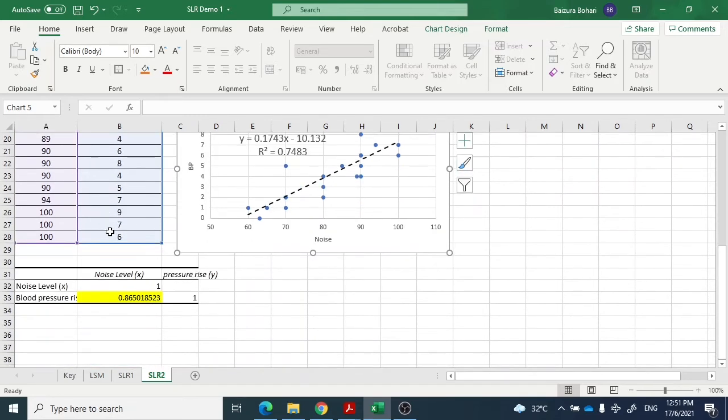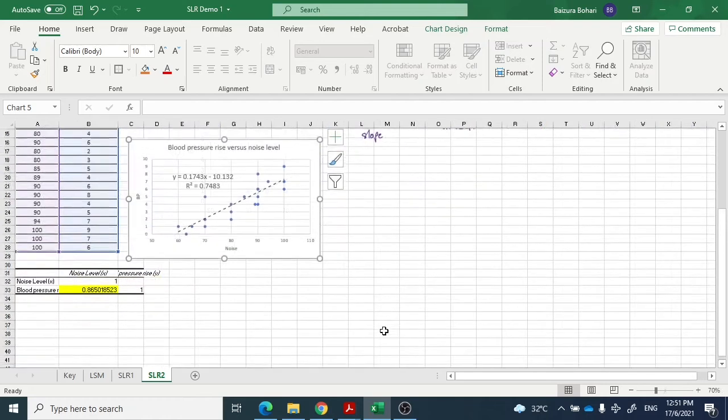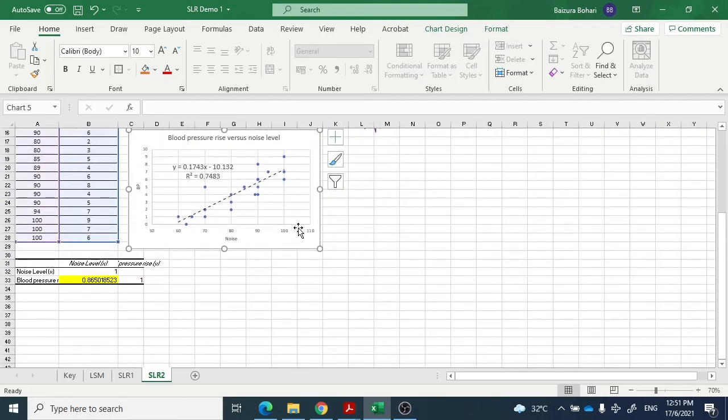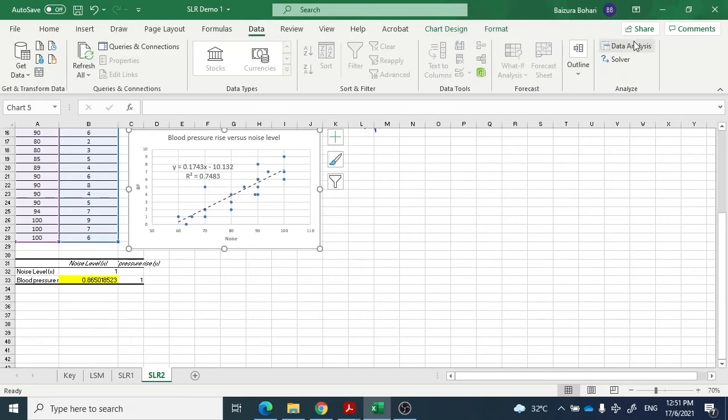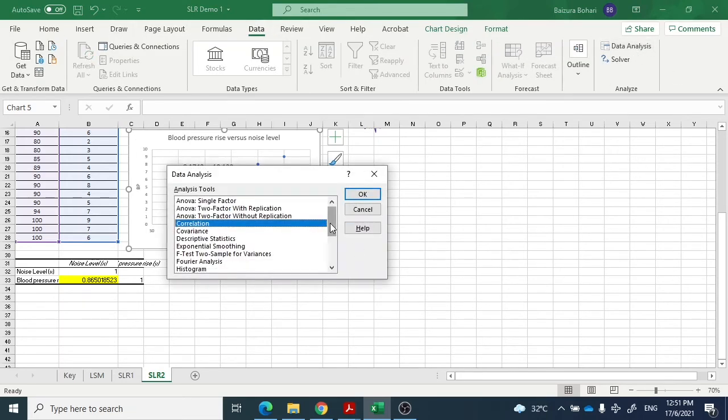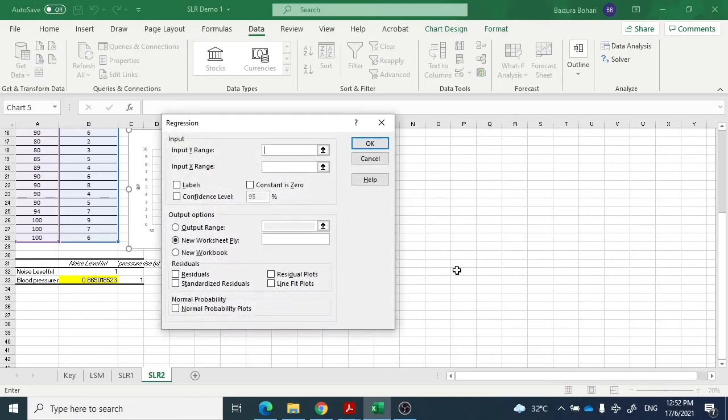So now we shall do our hypothesis test. Before that, the R squared and R are the strength analysis for the regression line. So to perform a hypothesis test, again we select data analysis, and then we can do our regression. Here click regression and OK.